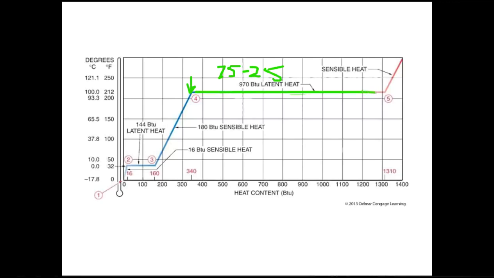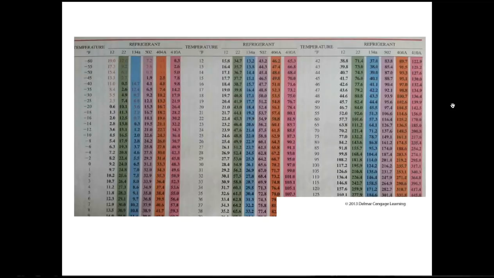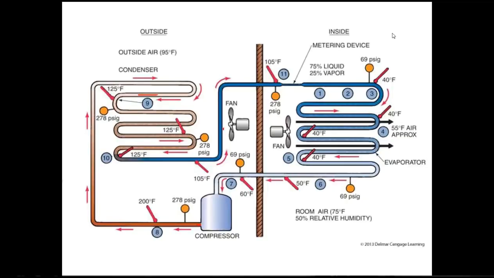And at this point in our evaporator coil, we're now at 100% vapor, and any heat that's gained is sensible heat, and that is our superheating point right here. There is really no cooling that happens with the superheat. We have superheat to make sure that we have 100% vapor going back to the compressor.